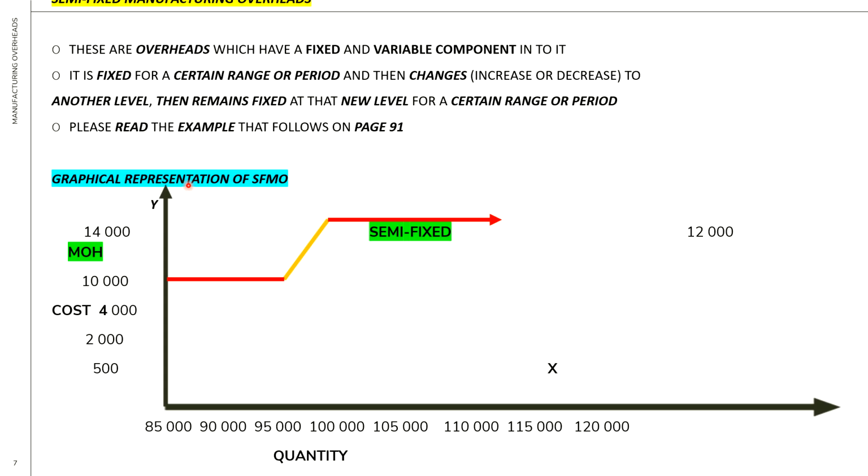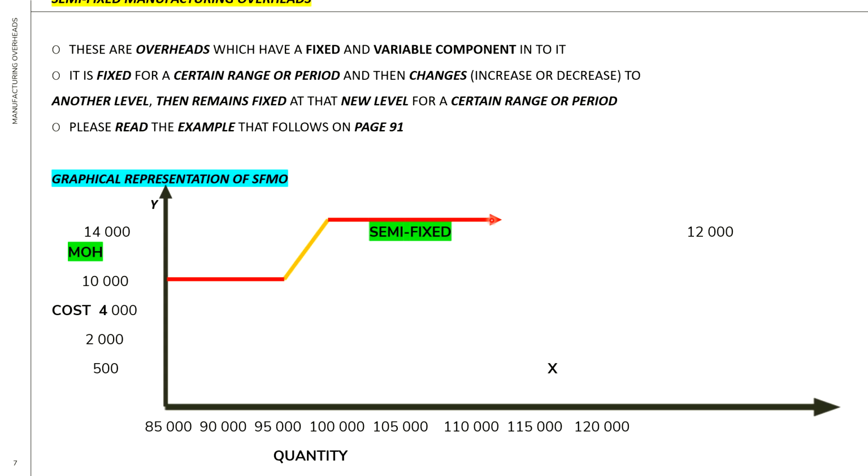This is a graphical representation of a semi-fixed manufacturing overhead. So let's take that example of a rent. In a factory, we pay 10,000 every month for rent. At some stage, the rent changes. It increases. Okay, it increases to 14,000.